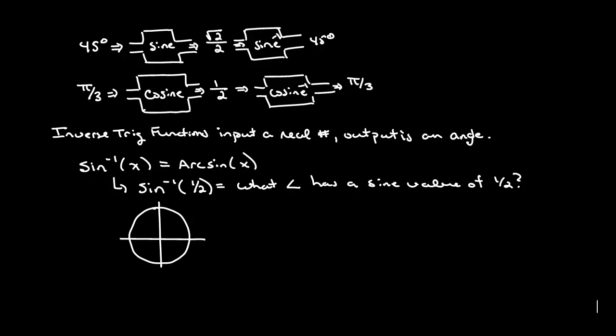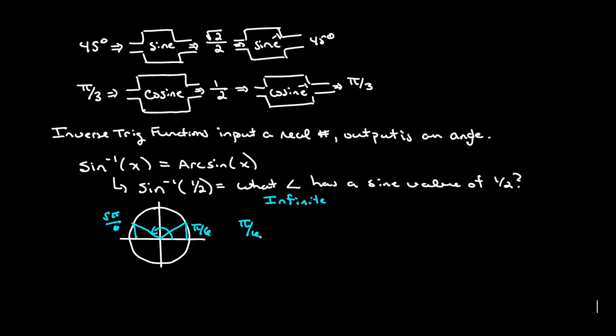Well, here's the thing. The answer for this is there's an infinite amount of answers. For example, the angle pi over 6 has a height value of 1/2. So does 5 pi over 6. And any angle that's coterminal with pi over 6.